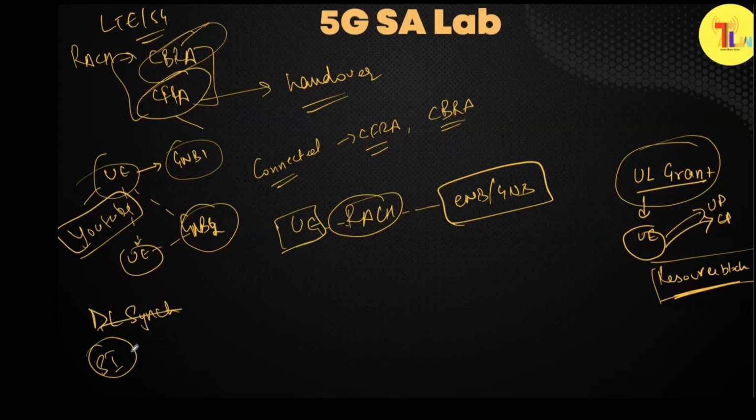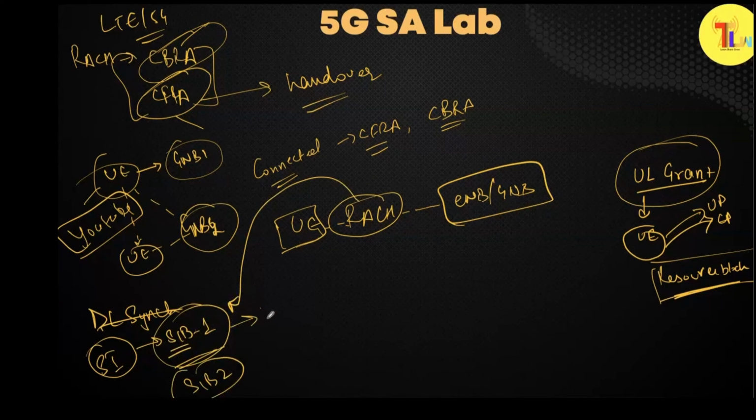That system information is your SIBs, system information blocks. And for the RACH procedure, we have different system information blocks. When I talk about SIB, it will be SIB1 in 5G, which contains the parameters related to RACH. But when I talk about 4G, it will be SIB2.